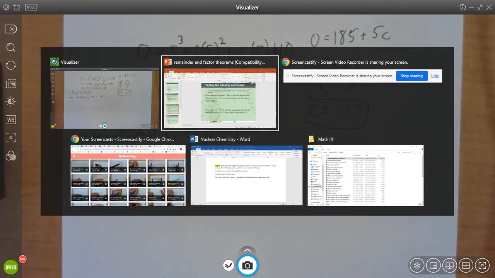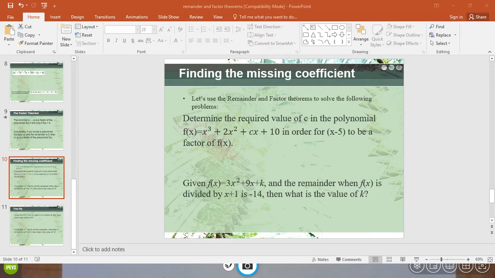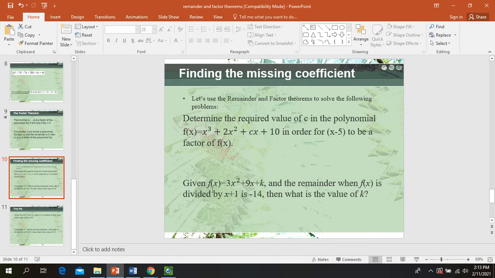Now we'll look at a problem real quickly with the remainder theorem. We've got this polynomial function here, and they said that when they divided it by the polynomial x plus 1, the remainder was 14. Using those facts, we should be able to find the value of k in the polynomial.